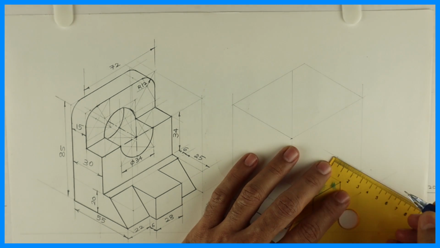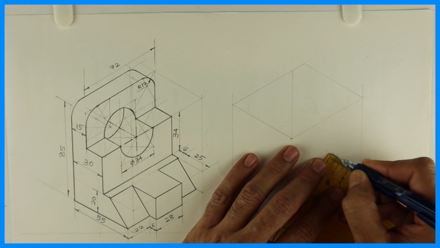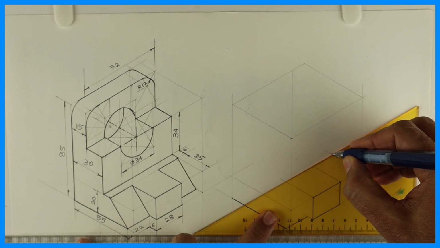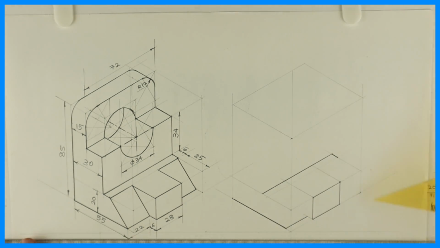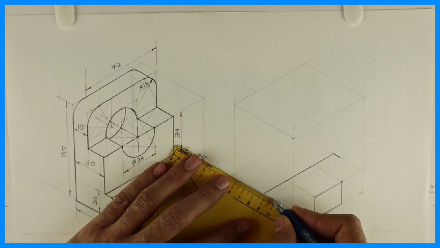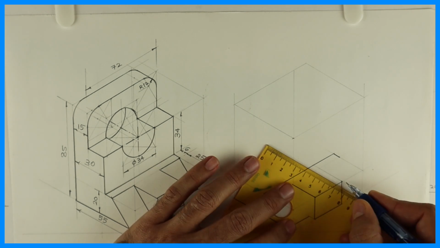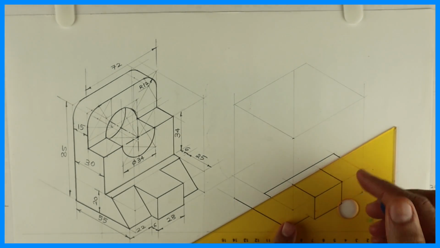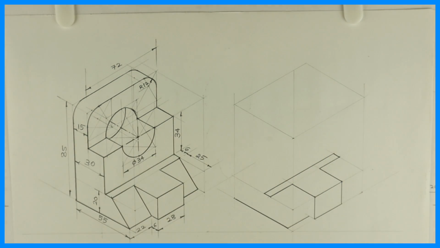So I'll mark 25 and 6. See this, so we'll get this T shape. Then we'll draw that slope.